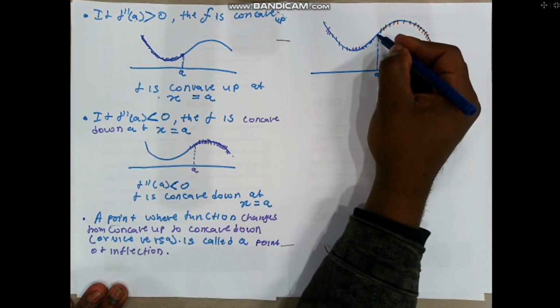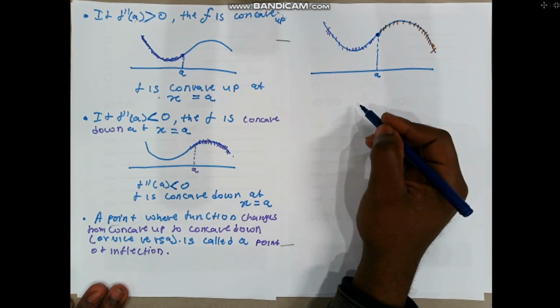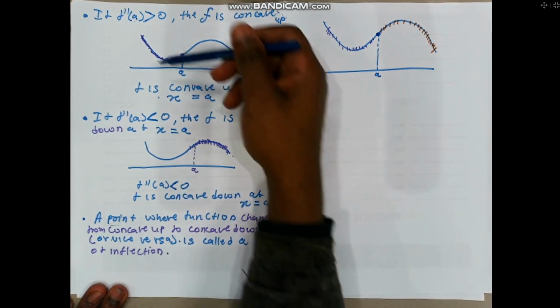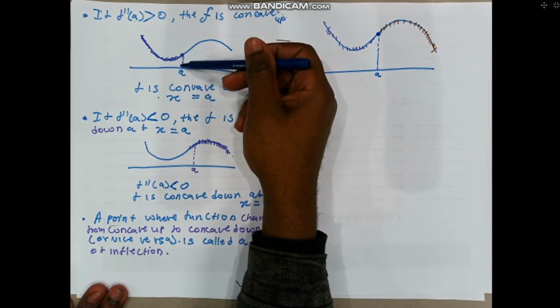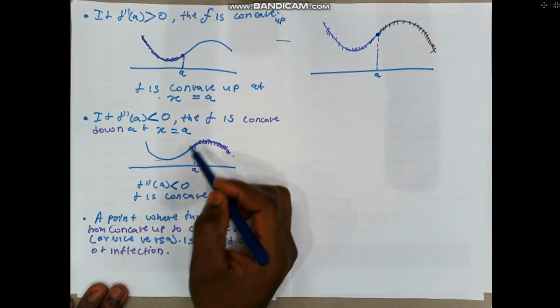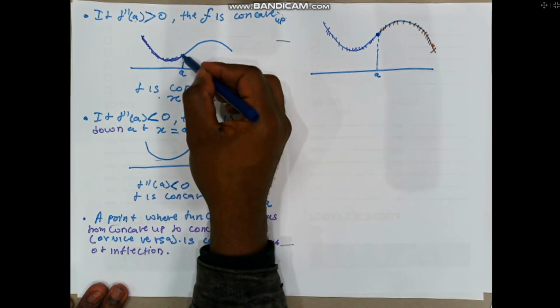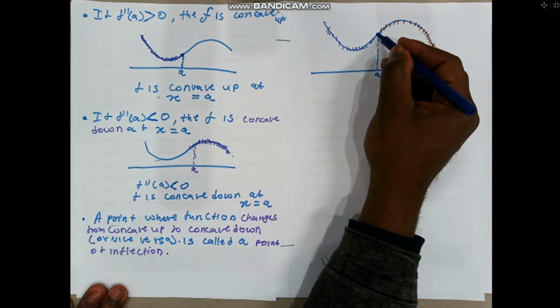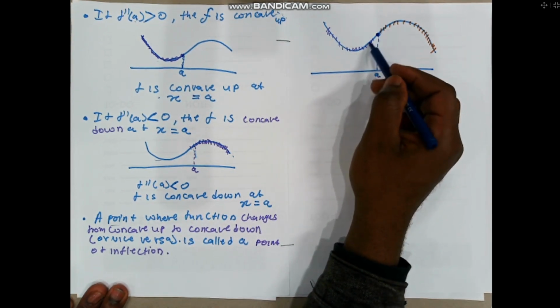This point here, that's what we call the point of inflection, because we started with this shape here at x is equal to a, and also here where x is equal to a. But what is this x equal to a? What is the name of this point where the concavity starts to change?